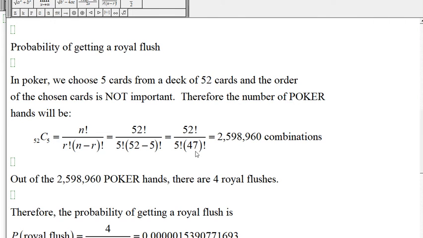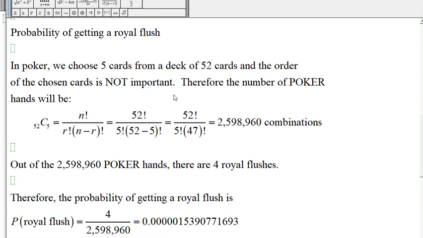So find a calculator or a program that can calculate this quantity right here, then it will come out to be 2,598,960. And so from the deck of 52 cards, if we're choosing 5 cards at a time, then there are 2,598,960 combinations.